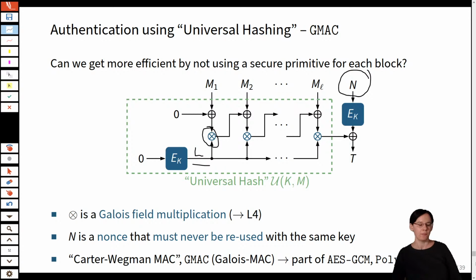Because it's pretty efficient, and as long as you don't do nonce misuse, it also has a good security. But the nonce misuse thing is, of course, a bit of a problem. If repeating the nonce just once allows you to recover the intermediate key, this is really a nasty property.